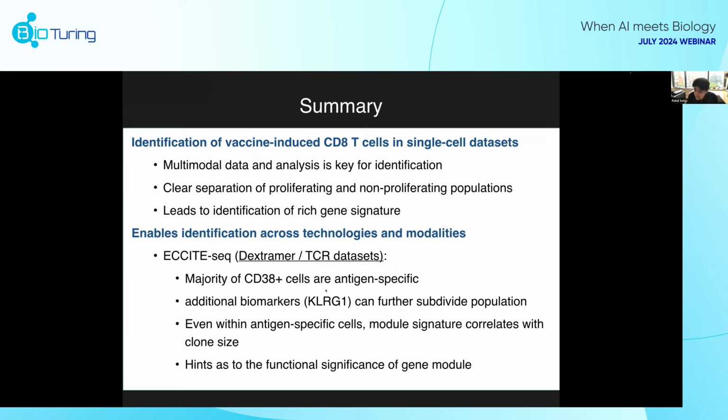I showed you another couple of modalities that we could add in using Express-seq, using these dextramer and TCR data sets, and that enabled us to confirm that these cells, at least the vast majority of them, were actually mounting antigen-specific responses, but also enabled us to identify additional biomarkers like KLRG1 that can further subdivide this population into antigen-specific and passenger responses.